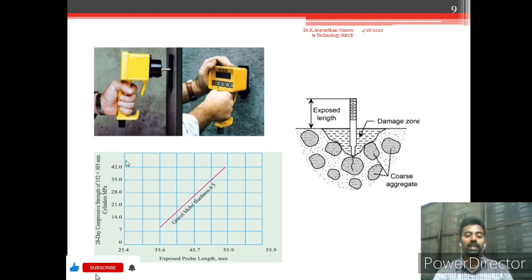There is a graph here which identifies the compressive strength of a cylinder. You can measure the compressive strength using the values you got through the penetration test. So the exposed length, you have to correlate with the values here.